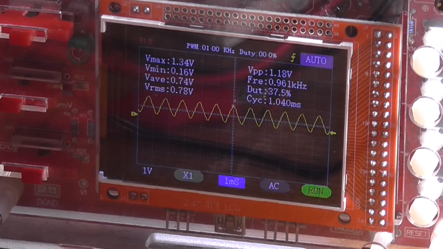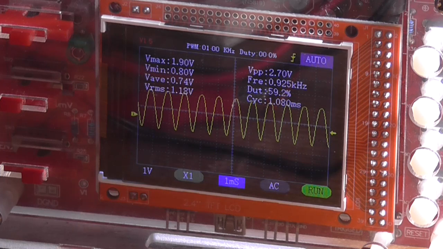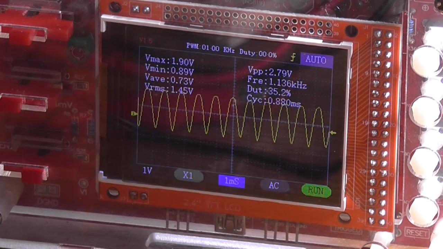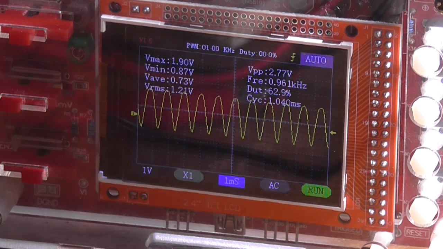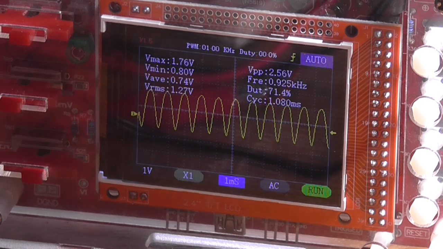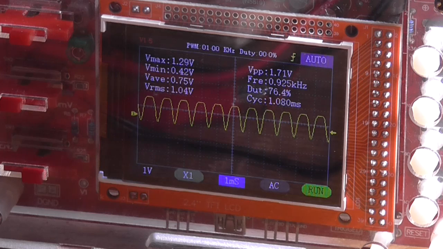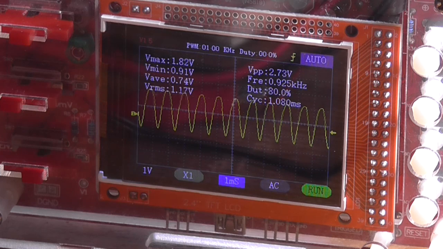So crank it up. The signal's getting weaker when I turn it up. So yeah, it's not making much difference.